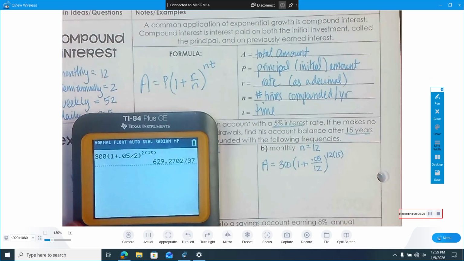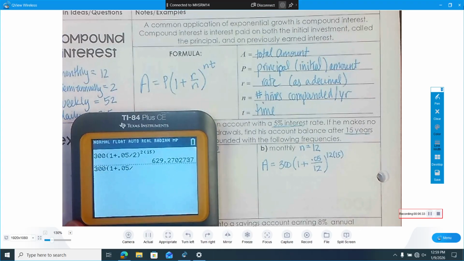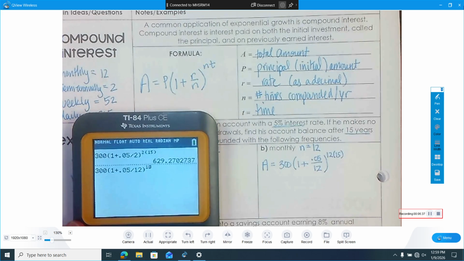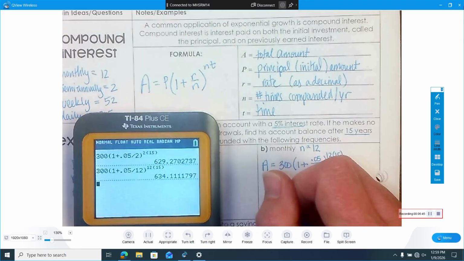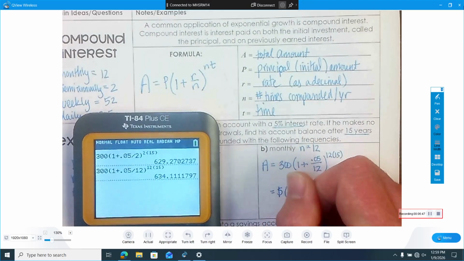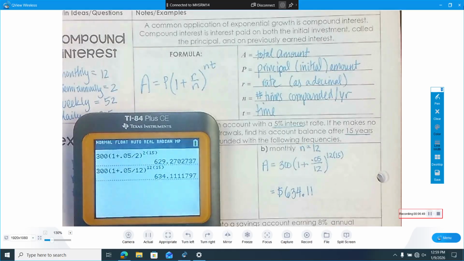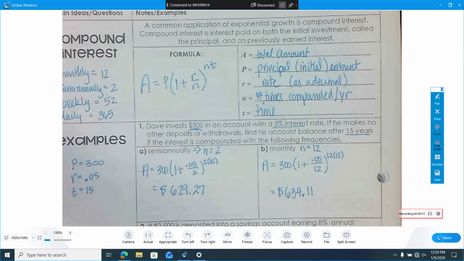And again, 300 times 1 plus 0.05 over 12, to the 12 times 15. And we get $634.11.